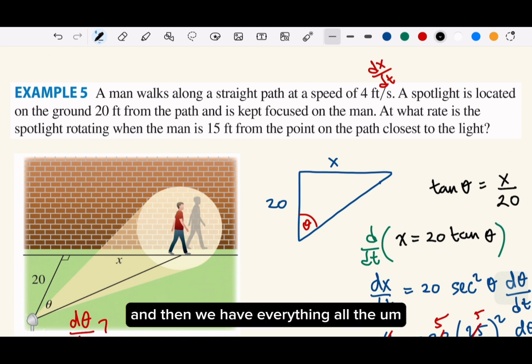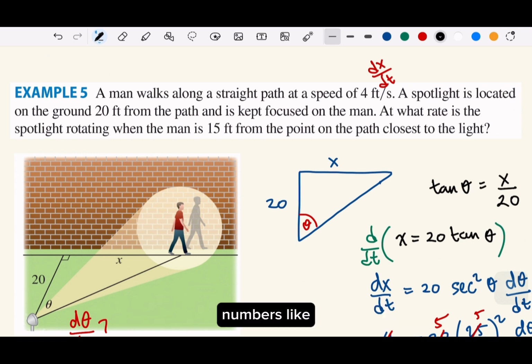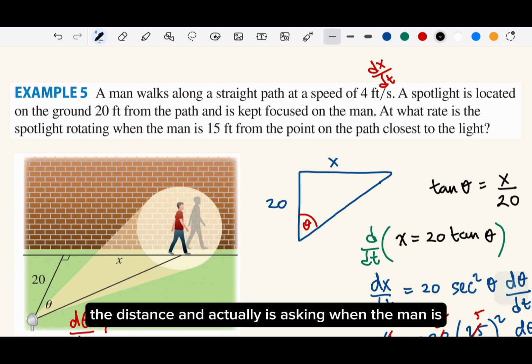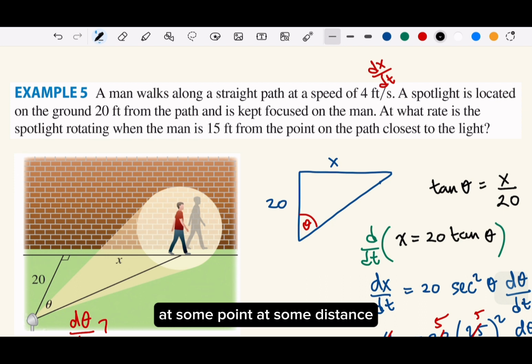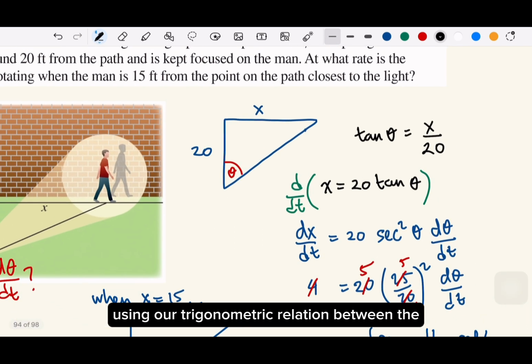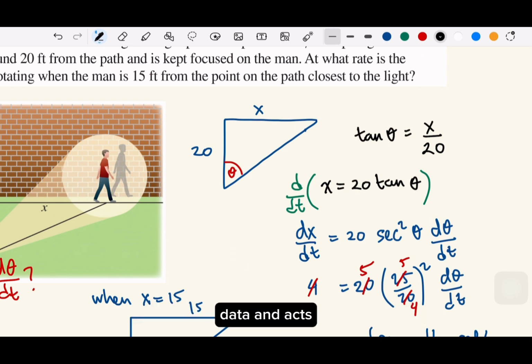And then we have all the numbers, like the distance, when the man is at some distance. So we use our trigonometric relation between theta and x.